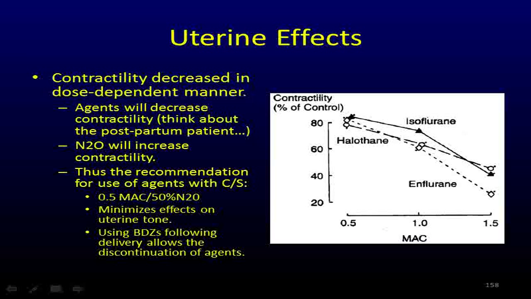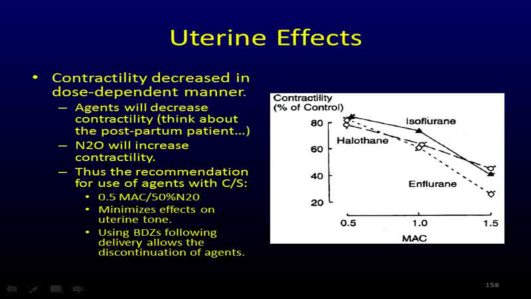So you think about this, and you're like, good God, there's a lot of blood flow, and my inhaled agents are going to dilate my uterus, making it worse. Why does it make it worse? Because smooth muscle relaxes, and we need it to contract in this case because the placenta has separated from the wall of the uterus and left these open vessels. And so we need that uterus to clamp down on those vessels.